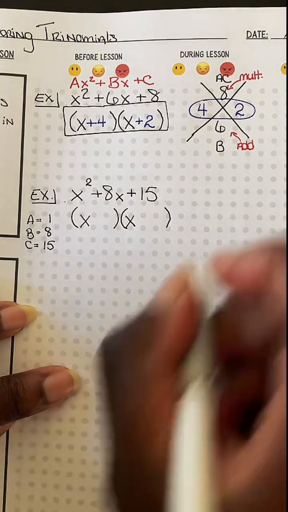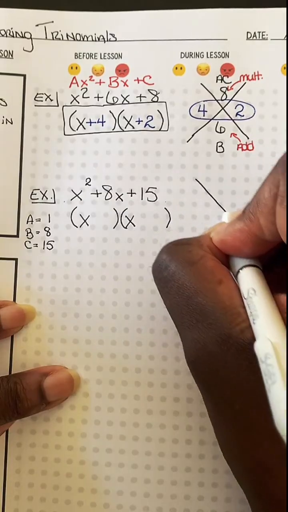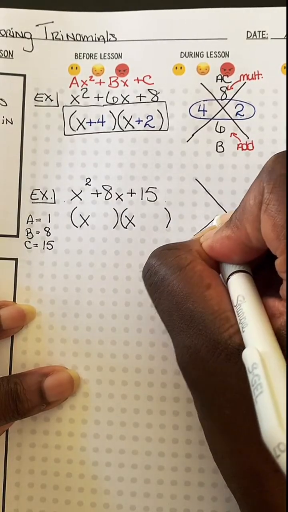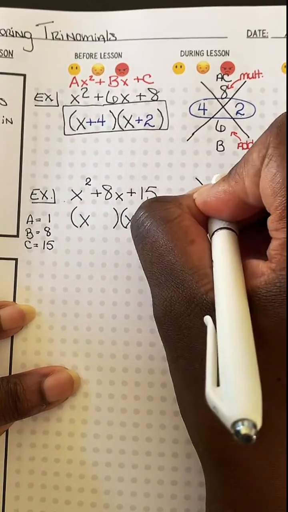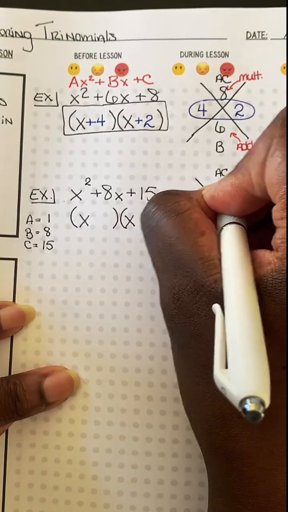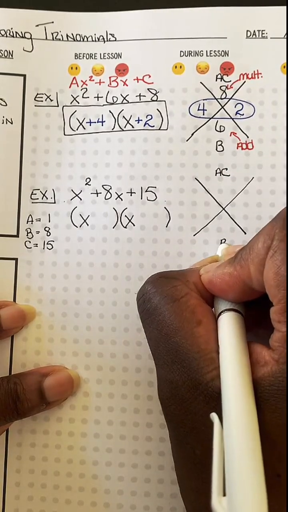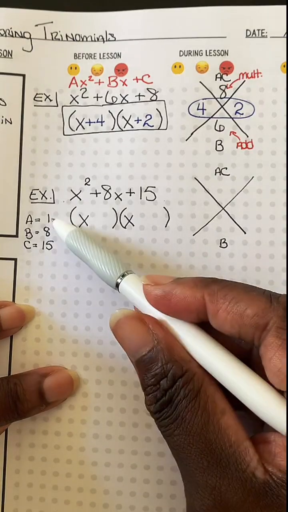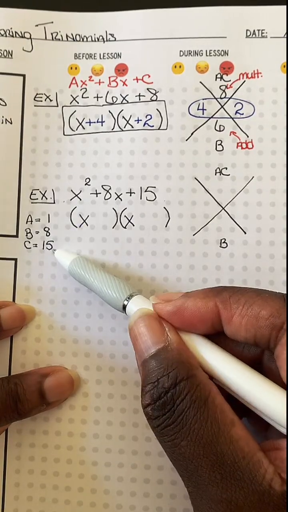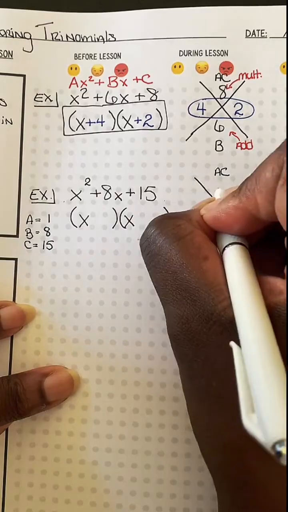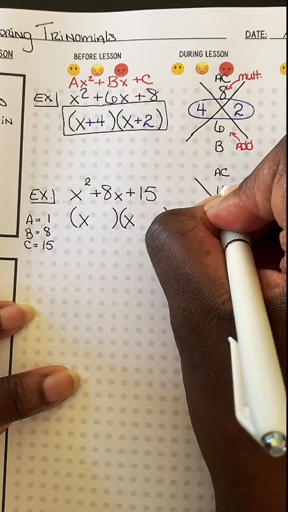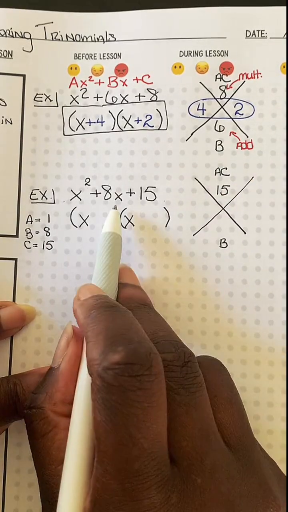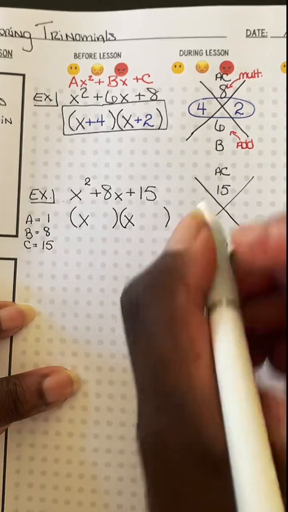Now, getting with my little x, I'm going to multiply my A and my C. That's 1 times 15. That gives me 15. And then I rewrite my B, which is 8.